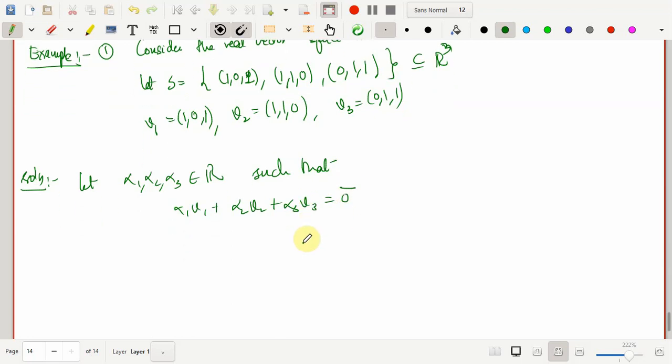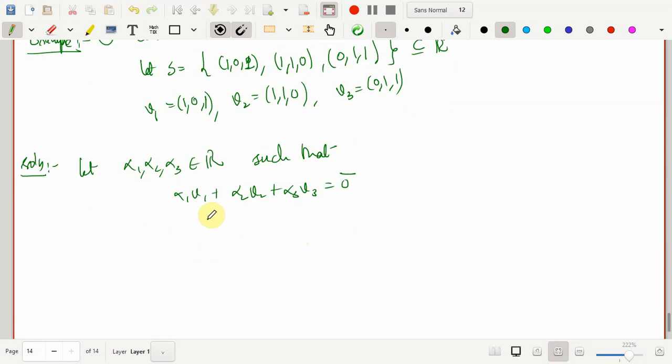Let's try to understand what this means, what exactly we need to show. If I show that the only possible values for alpha 1, alpha 2, alpha 3 for this equation equal to 0 are all zero, that means the given set is linearly independent.